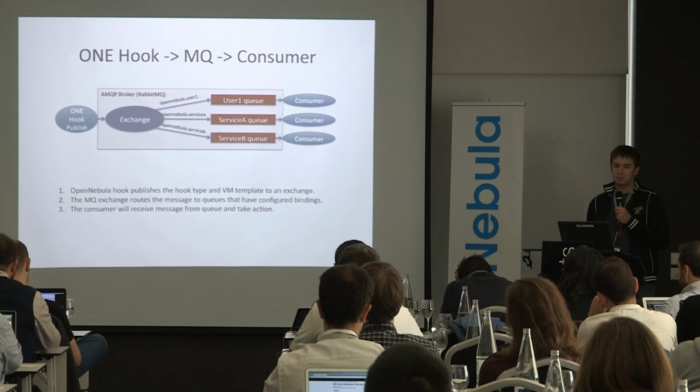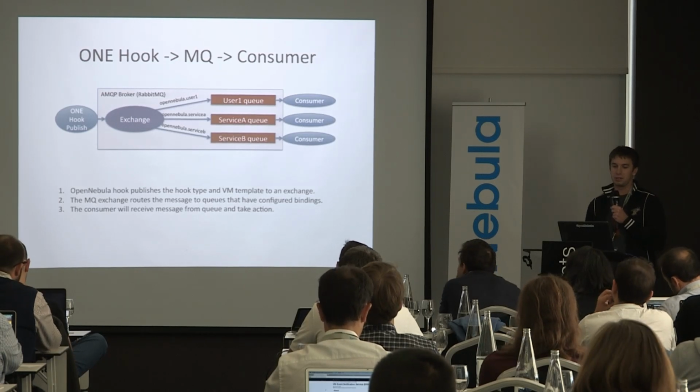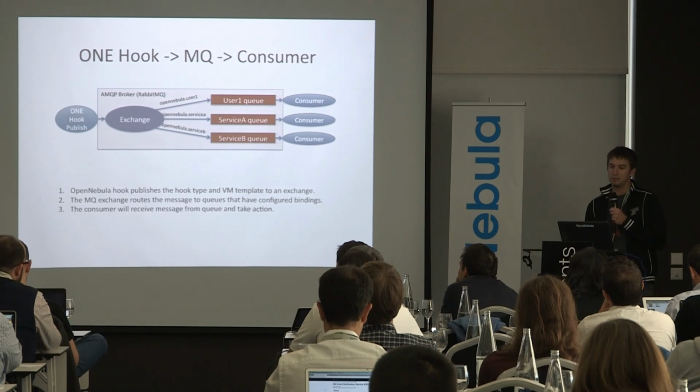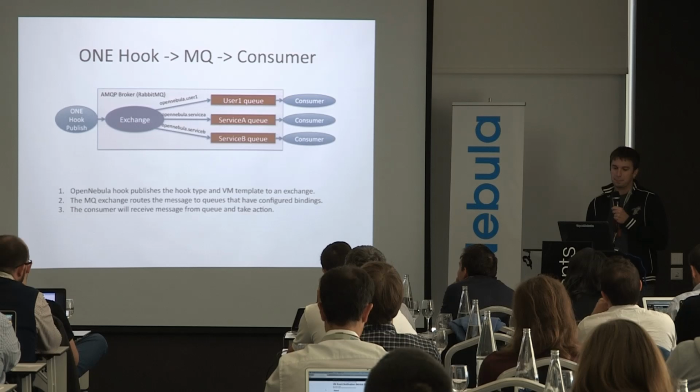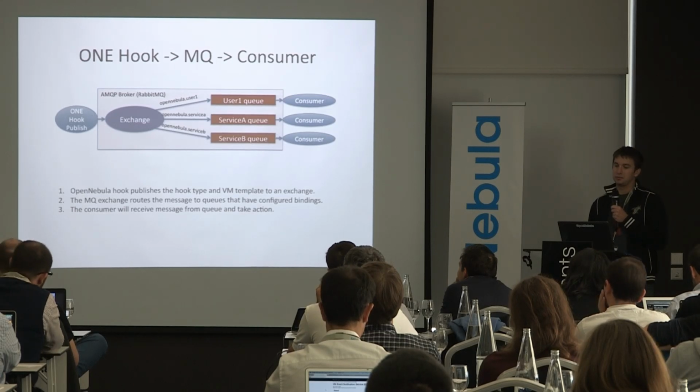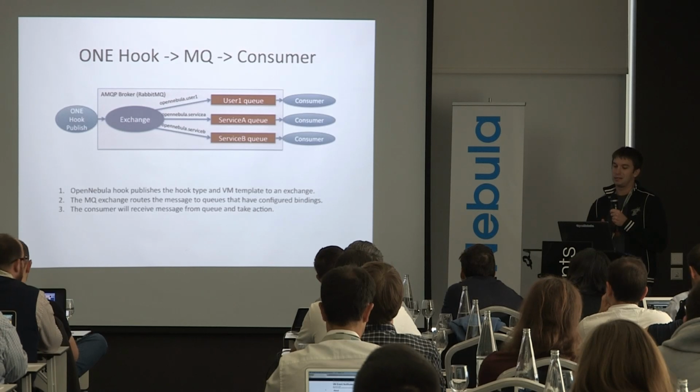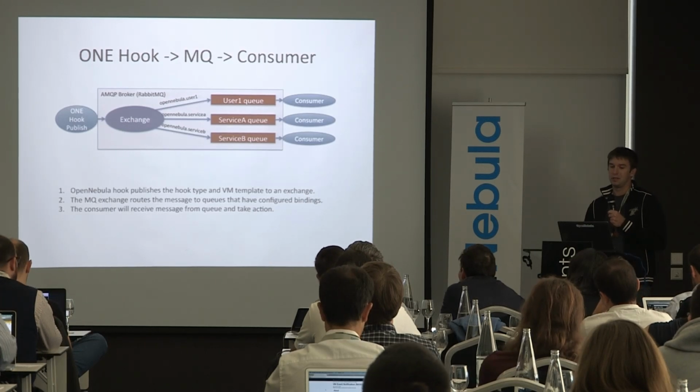So what we did was we're pushing hook events into a message queue that we allow the users to subscribe to. Every user will receive a full copy of their VM template if they choose to receive it.